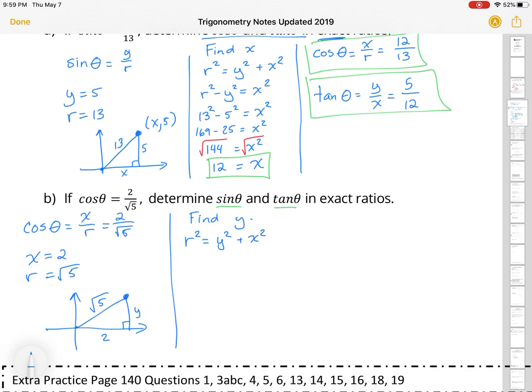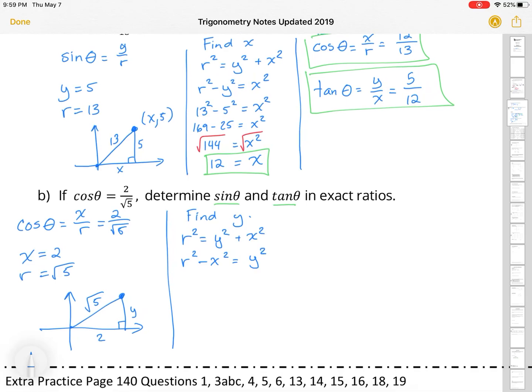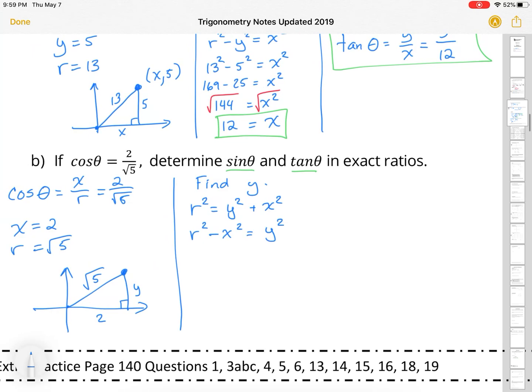So find y. Again, r squared equals y squared plus x squared. We know that we can subtract x squared here to get our y squared. Now we've got y by itself, so now we're going to substitute in to solve.